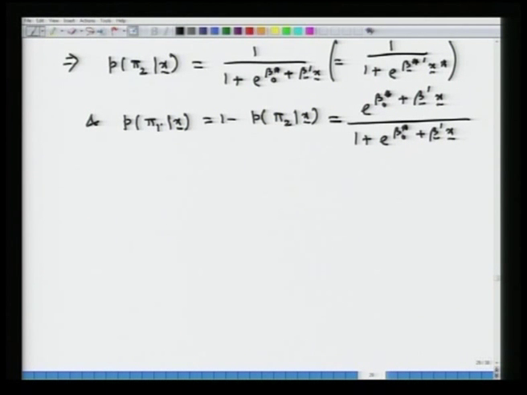So, these are the two posterior probabilities of the respective populations. We have obtained that P pi 1 given x is given by this, and P pi 2 given x is given by this.